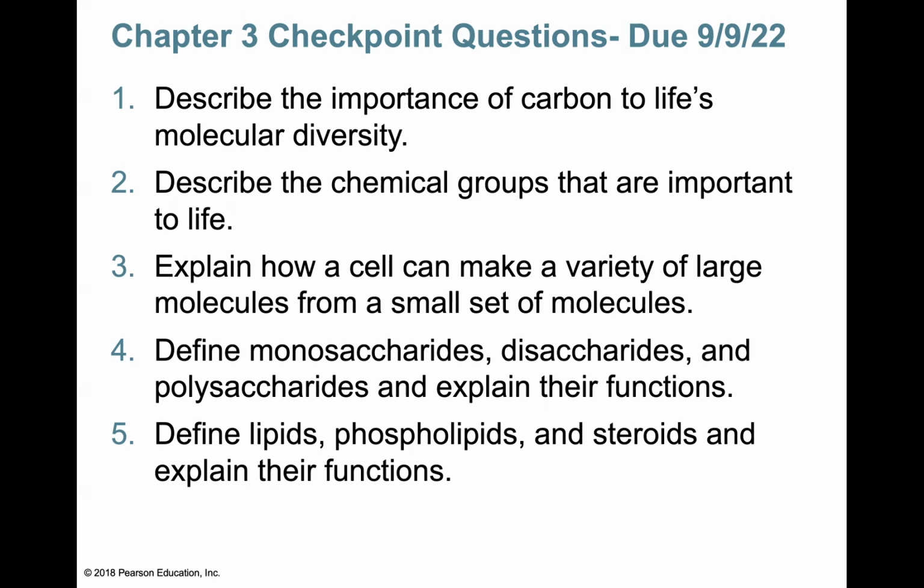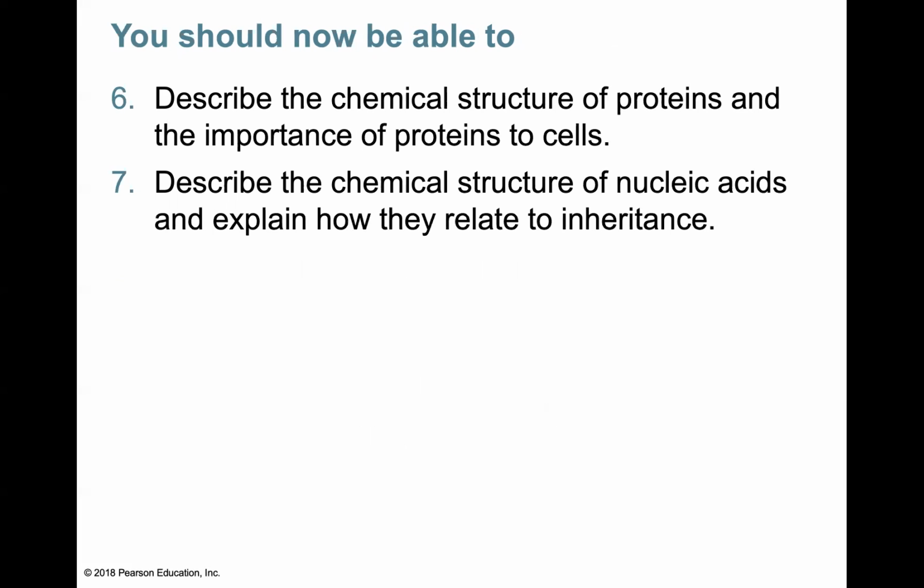Define a lipid, the phospholipid, steroids, and explain their functions. You should be able to describe the chemical structure of proteins and the importance of proteins to cells. That is certainly an important question here. And lastly, you should be able to describe the chemical structure of nucleic acids and explain how they relate to inheritance. And we will stop here for today.